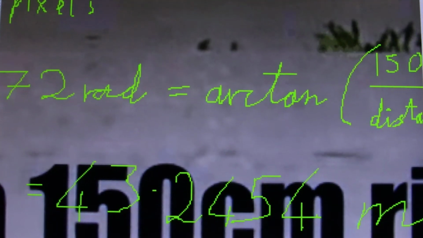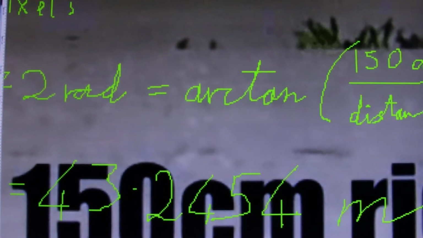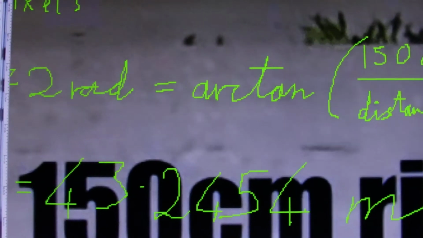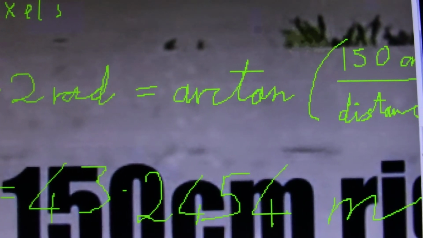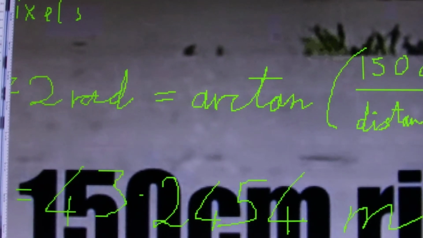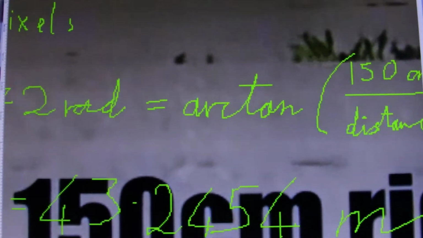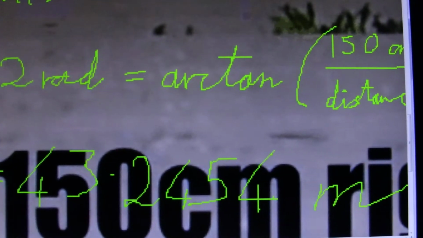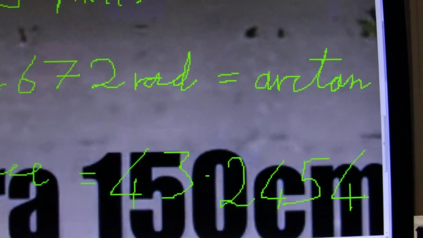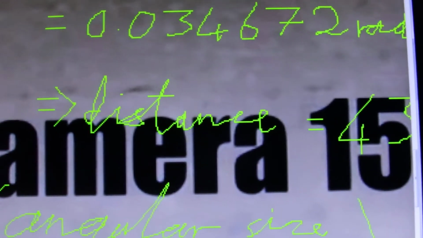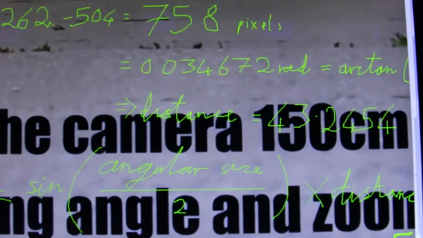Which means that the distance is, well, take the tangent of that angle and then divide it by 150 centimetres and press the 1 over x. And you get 43.25 metres. Now that we know the distance is 43.25 metres, it's probably so much easier to read if I zoom out just a little.